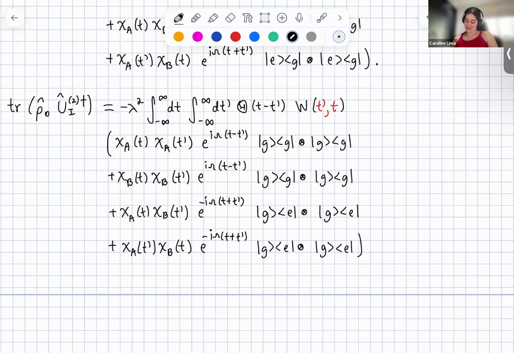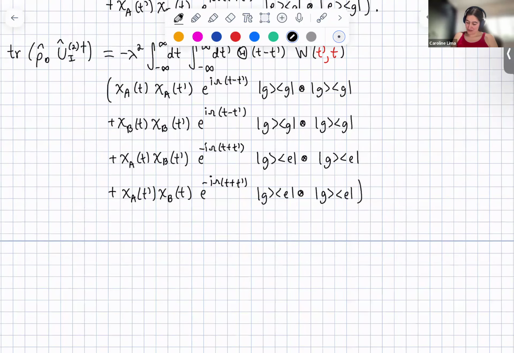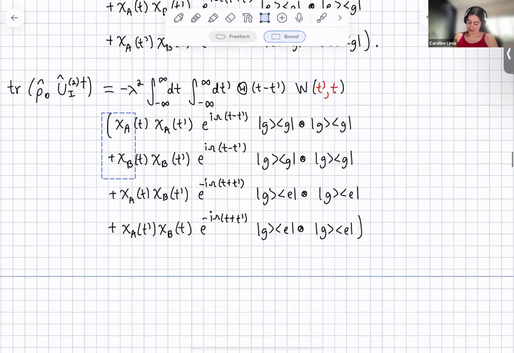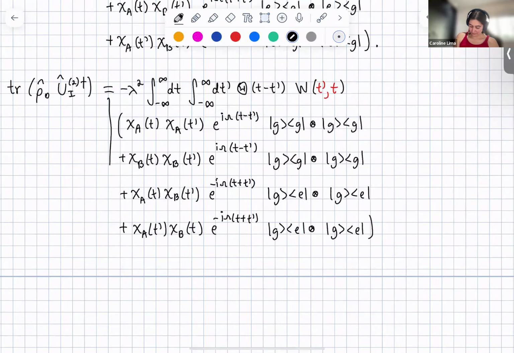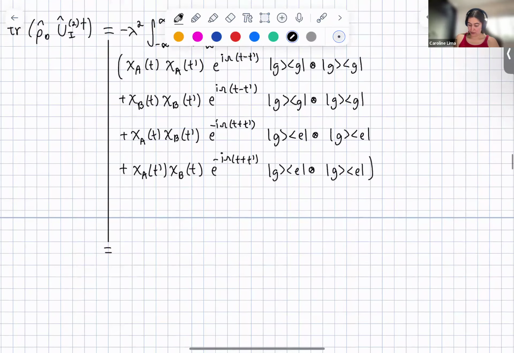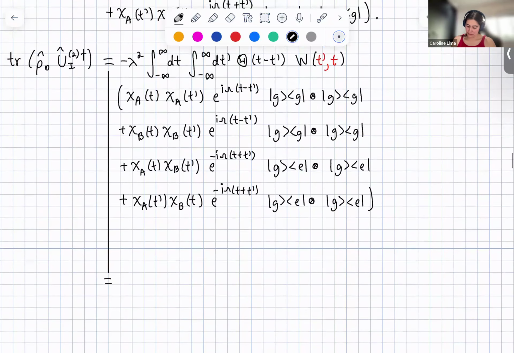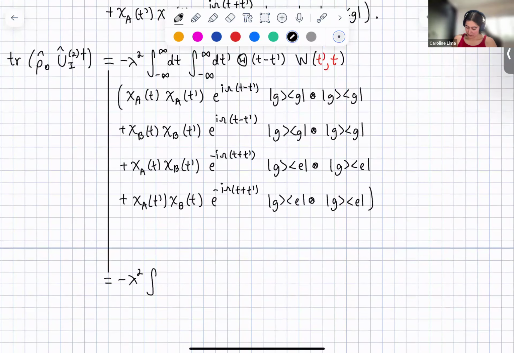Okay, so now there's only one more step, which is swapping the order of T and T prime so that I have the order that I like. So let's do that. It's pretty much the same thing that we have, right? But let's just swap the orders here. So this is going to be dt dt prime.